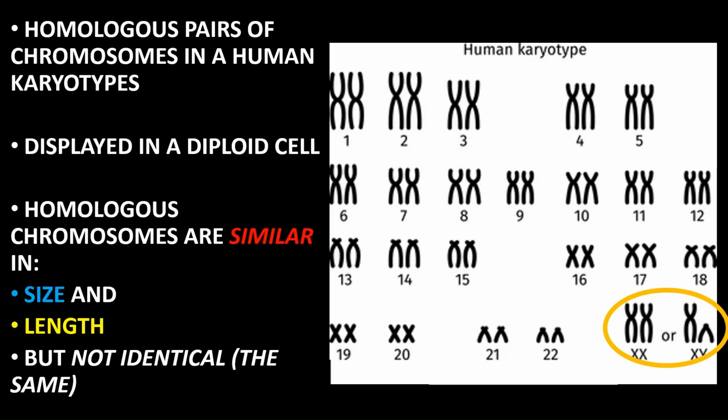In females, it is discovered that at position 23, the chromosomes there appear large and identical. In human males, it is also observed that at position 23, the chromosomes there are not identical. One is large and one is small, and that is how they are in human males.